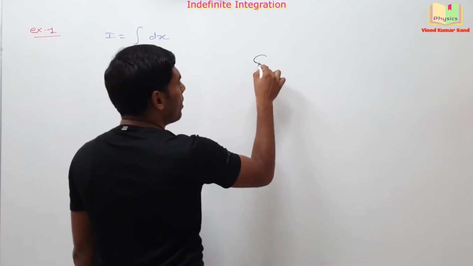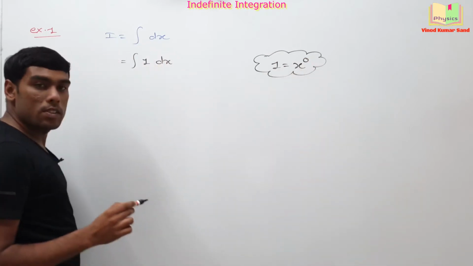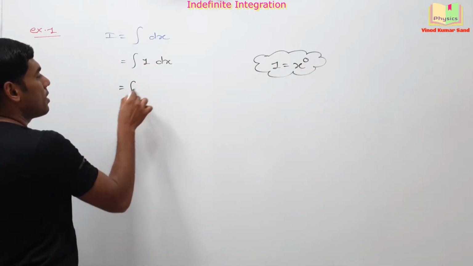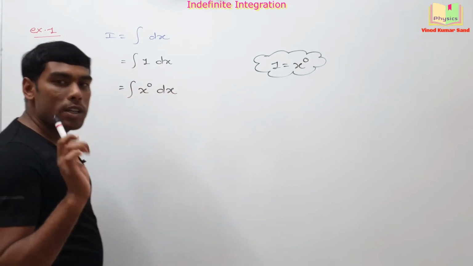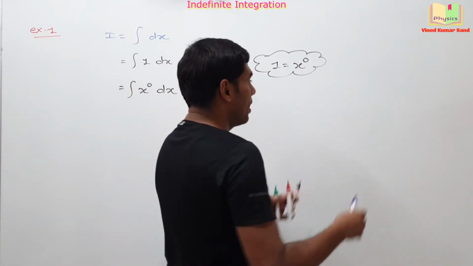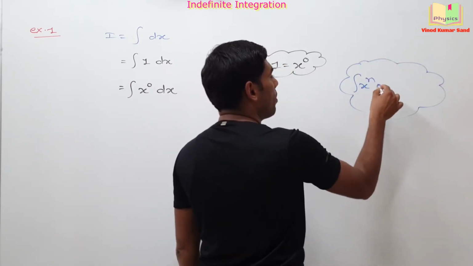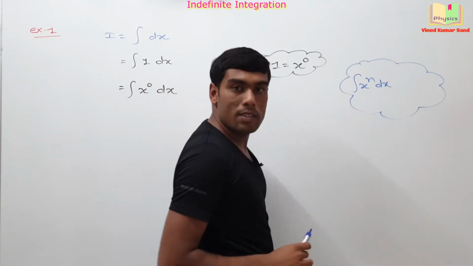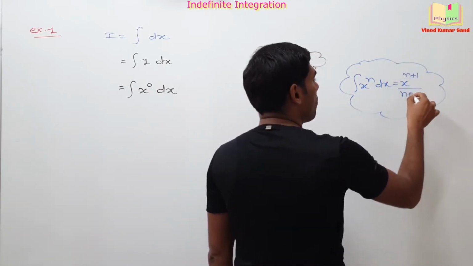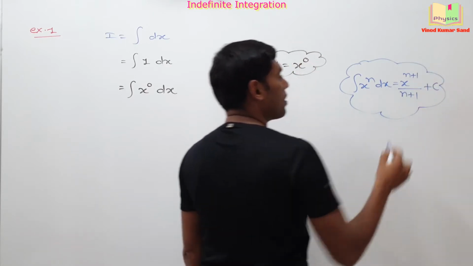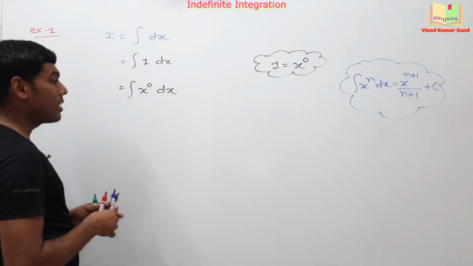And the 1 is actually equivalent to x to power 0. So we can write this as x to power 0 here. What is the advantage of doing that? You remember this formula, integration of x to power n with respect to the variable x. The answer was x to power n plus 1 divided by n plus 1 plus some constant c. Using this, we can simplify the things.